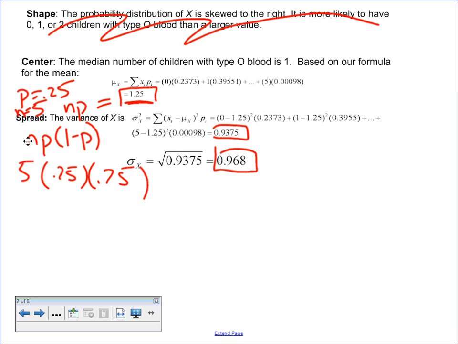And we see that there. If you do that in your calculator, you will get this number right here, the 9.375. Then you just take the square root of it to get the standard deviation.